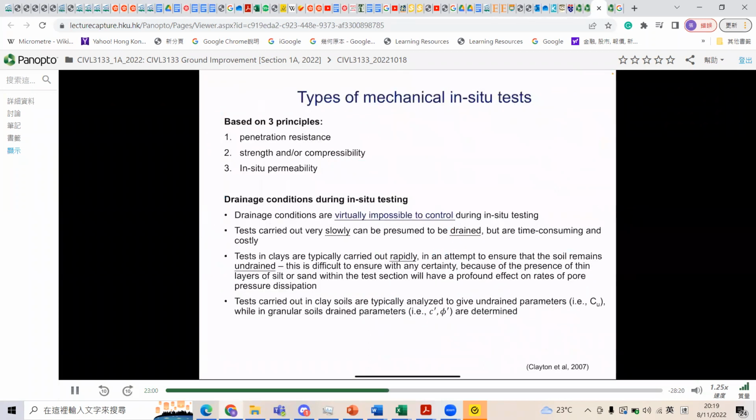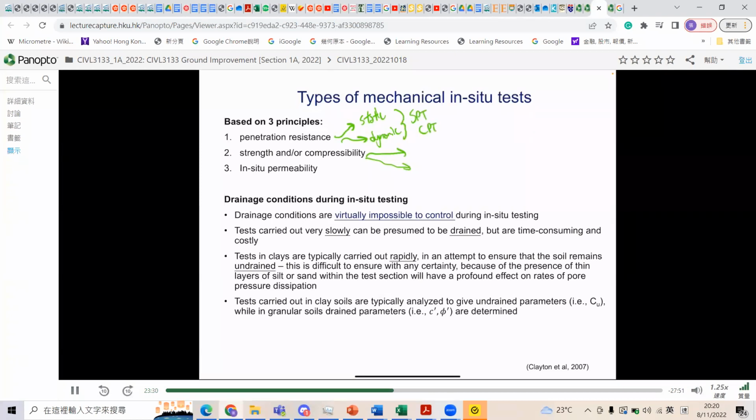There are different types of mechanical tests, as you've probably seen in the schematic I showed you about 2 slides ago. We can look at penetration. Penetration resistance can come in, as I mentioned, static or dynamic. Strength and compressibility, so these are SPT, CPT.